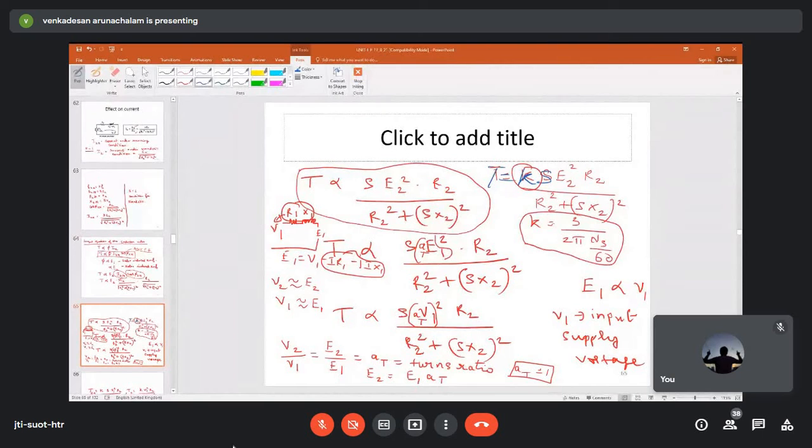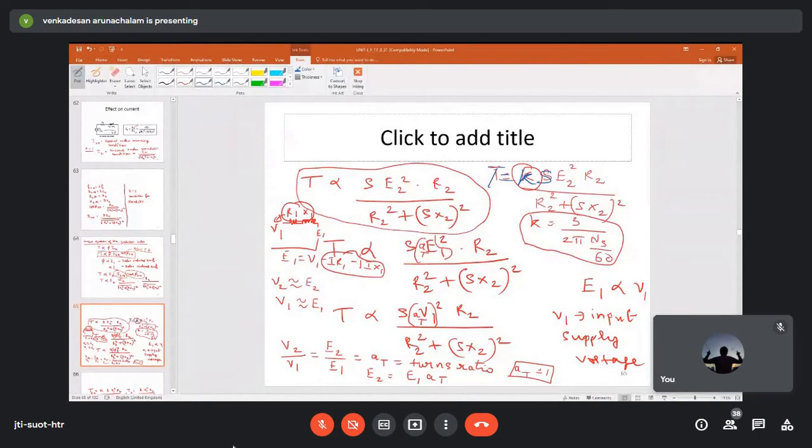So torque is equal to K S E2 squared R2 divided by R2 squared plus (S into X2) squared, and K is the constant of proportionality. K comes around 3 by 2 pi ns by 60, and ns is the synchronous speed.